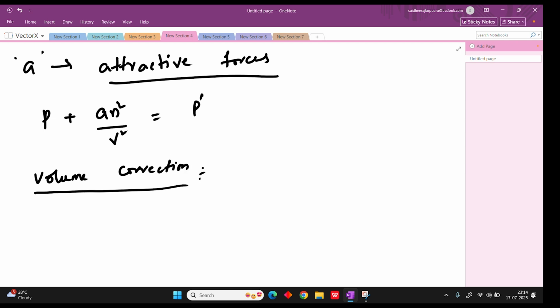You can read about the significance of A in your NCERT book or any other standard book if you are following that. Okay.